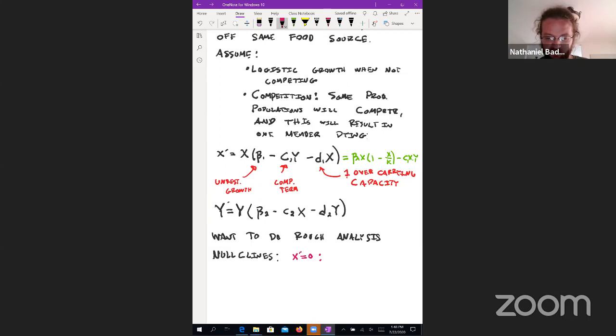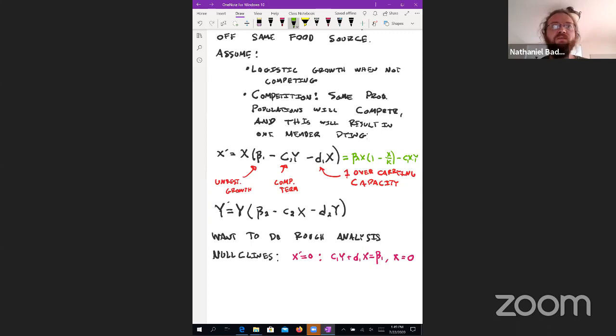I'm going to keep it as C1y plus D1x equals beta 1. And then the other one is just going to be x equals 0. Although you're kind of right to write it in that way, because we're going to want to write it that way in just a second.